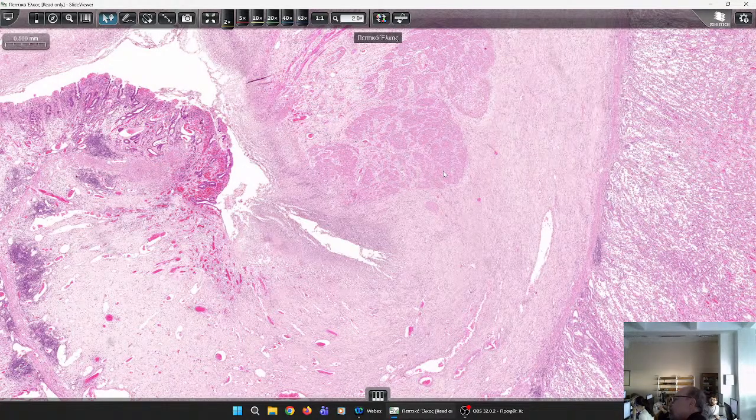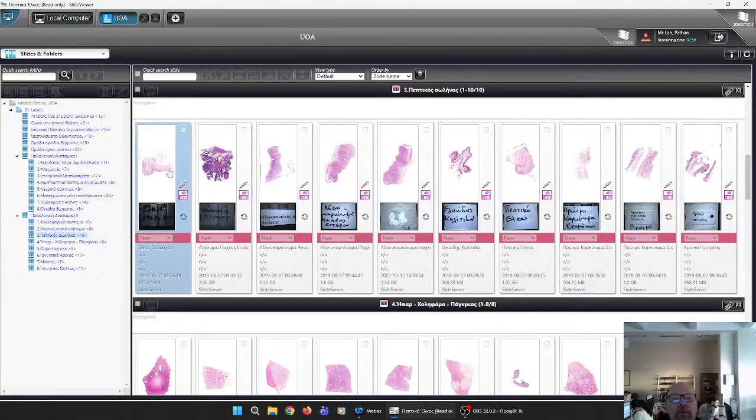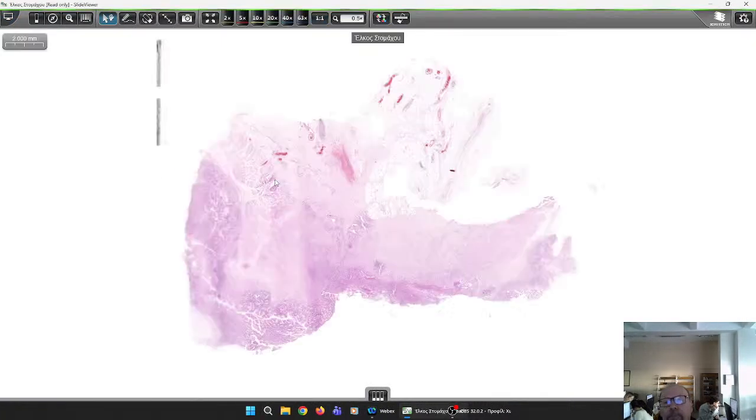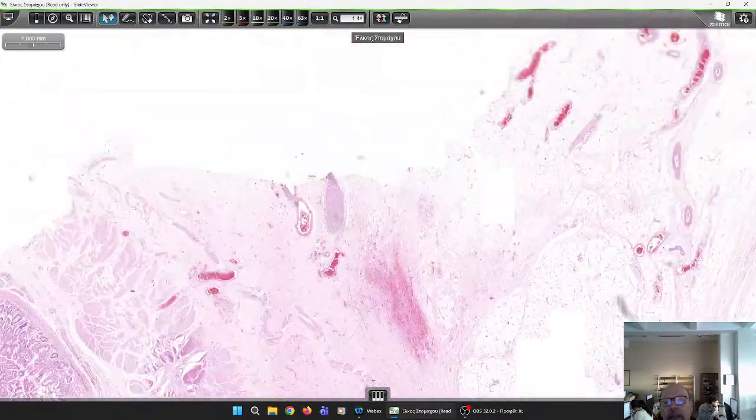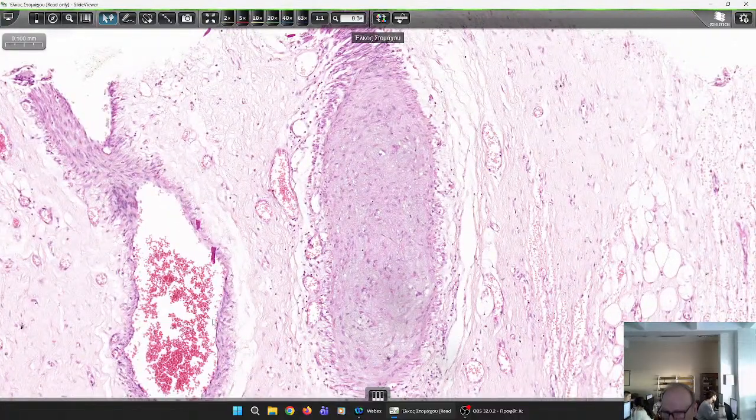Another complication is that as the ulcer is not being healed and goes down, it may make some vessels rupture. Have a look at these vessels down here, the wall of which is quite thickened. Not so this one. This is a venule.